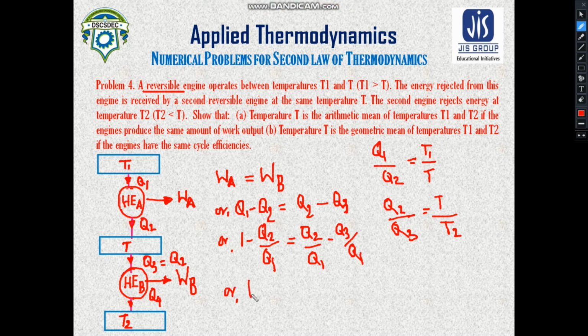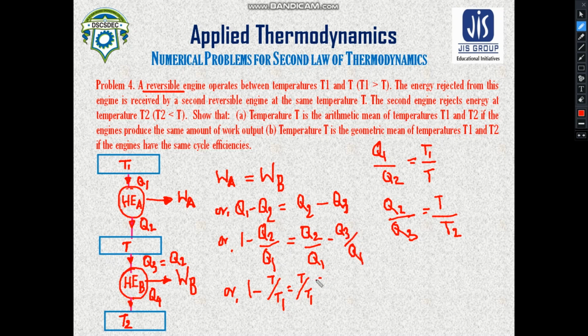Here this Q2 by Q1 can be written in the temperature format as T by T1. Now comes the question to find out the value of Q3 by Q1.